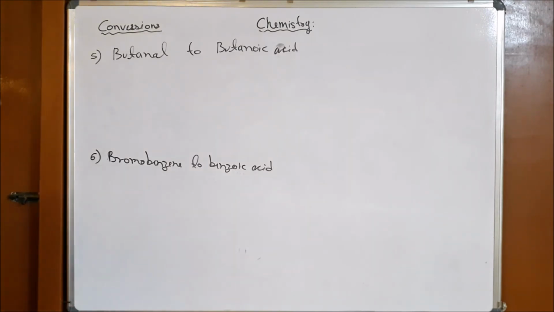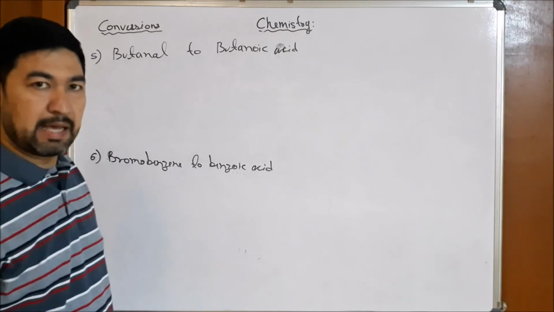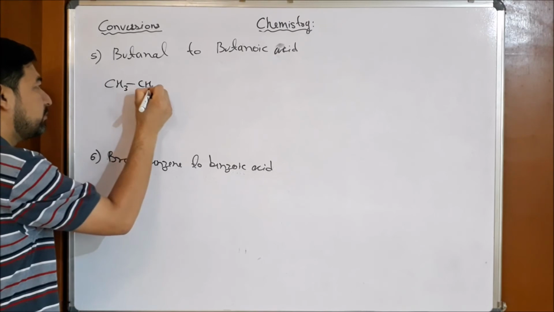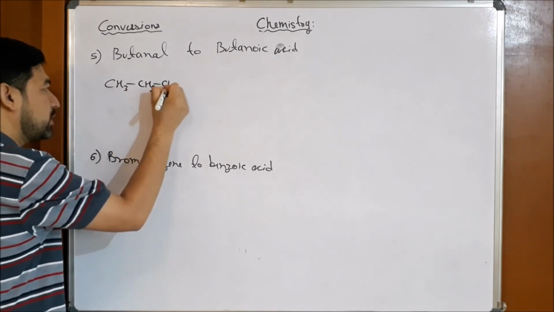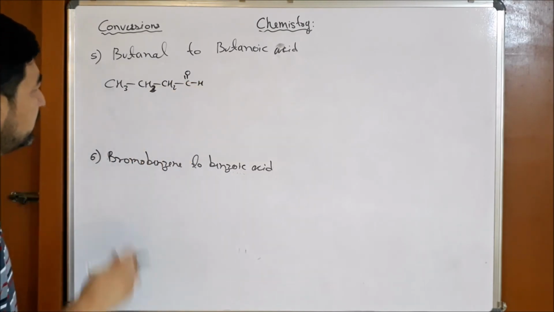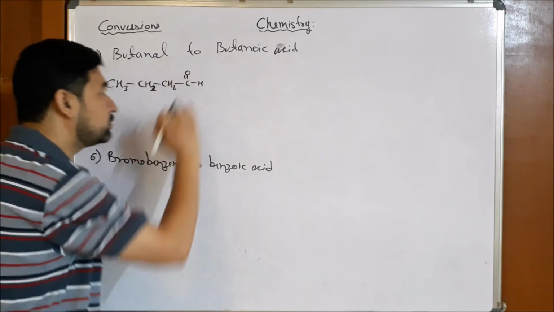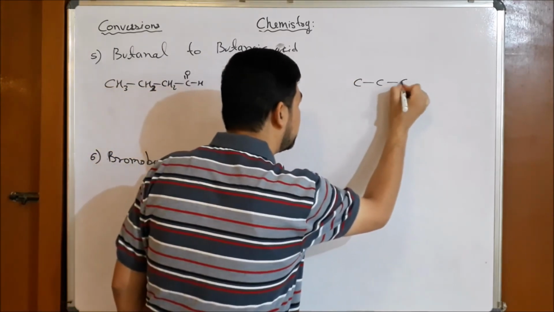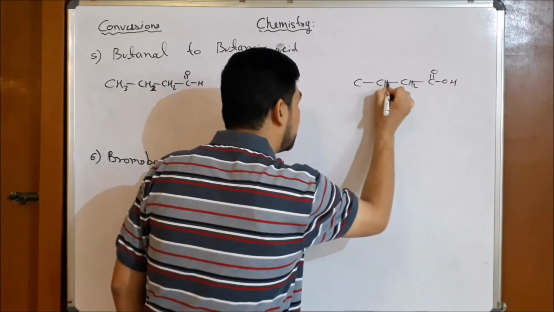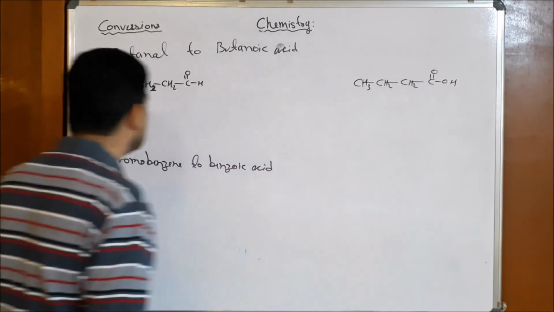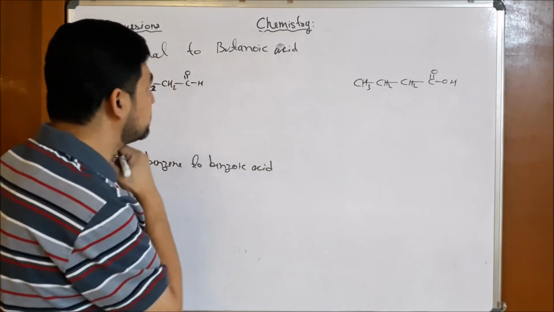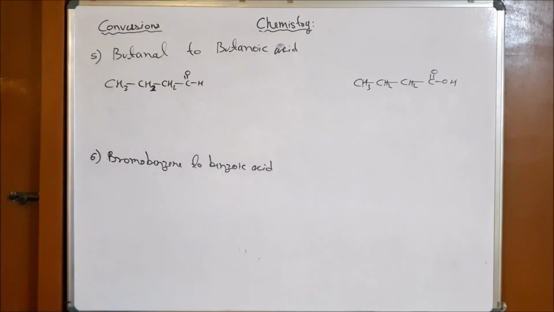The next conversion is butanol to butanoic acid. So we'll draw the structure of butanol. It's a 4-carbon compound, CH3, CH2, CH2, CH2OH. So this is our butanol, right? And butanoic acid is 4-carbon again, with COOH. So the carbon count is the same, 4 carbons here, 4 carbons there, so there is no need for a further step of reaction.